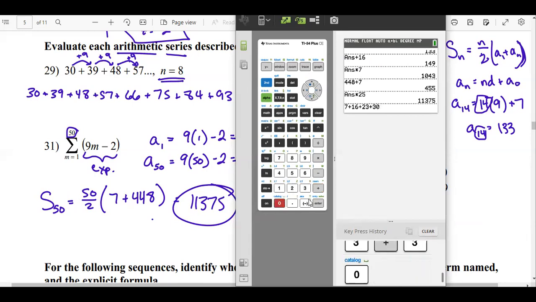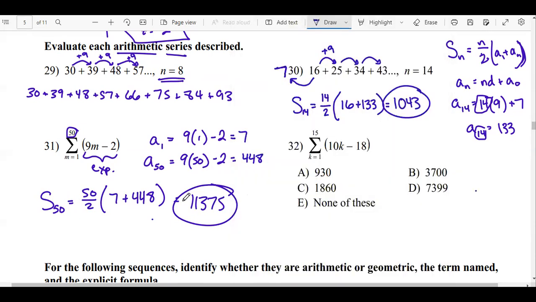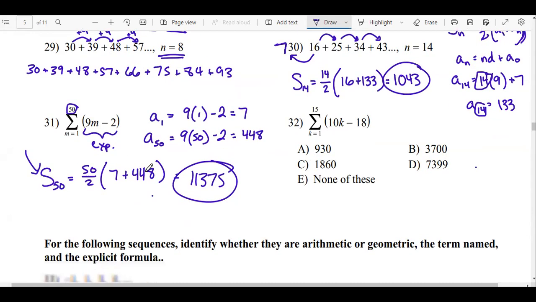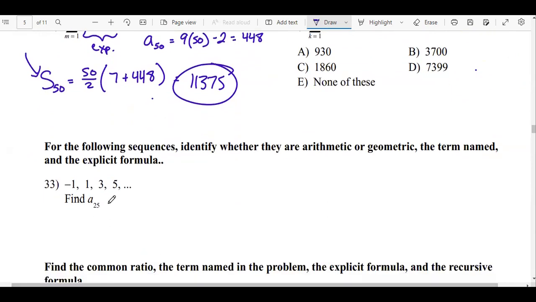Like that takes a long time. That shows that you don't really know how to do it. There's a mathematical way to do it. This is the formula for it. And you have to know what all of this means. That's what they're testing, not can you type in 50 numbers in your calculator and hit enter.